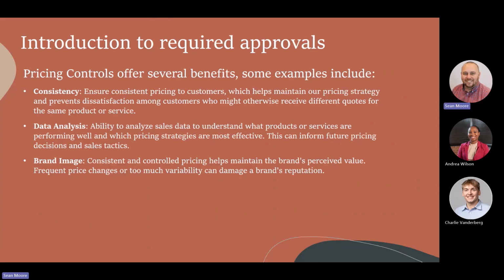So the quote approvals were an enhancement that was requested by our leadership so they could really control a little better what we're offering as far as benefits and the consistency around our discounts. It was designed to help them analyze data a little bit better to determine, are we priced right in the market?